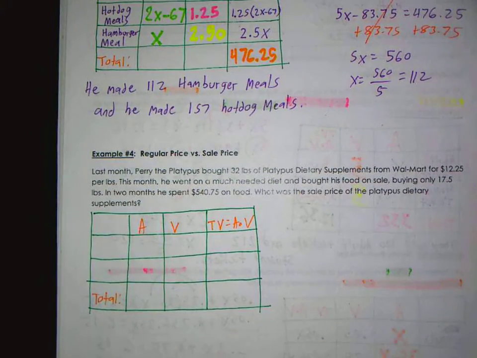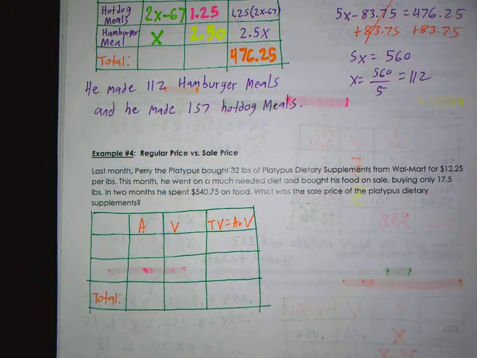Read the question. Last month, Perry the platypus bought 32 pounds of platypus dietary supplements from Walmart for $12.25 per pound. That's a lot to say. So that was last month. This month, he went on a diet and he bought his food on sale, and he only bought 17.5 pounds.